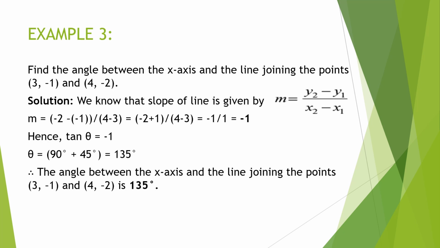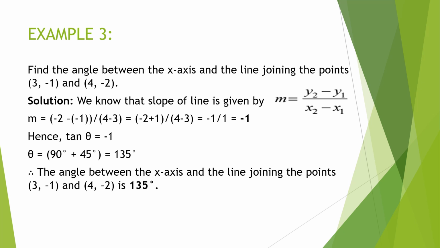Example 3. Find the angle between the x-axis and the line joining the points (3, minus 1) and (4, minus 2). First of all, the formula of slope is y2 minus y1 upon x2 minus x1. So in this case, what will be the slope of the line? Just use the formula, you will get the slope as minus 1.